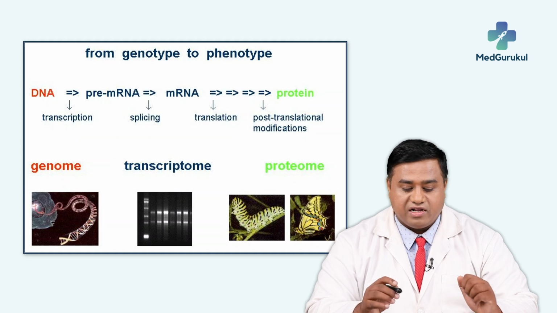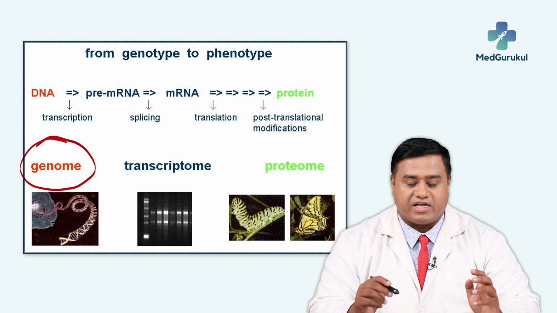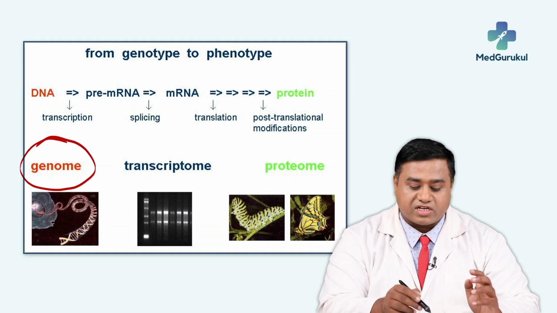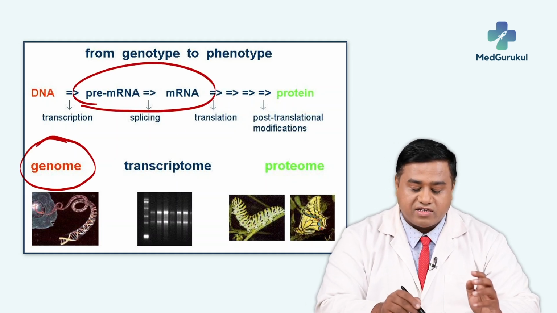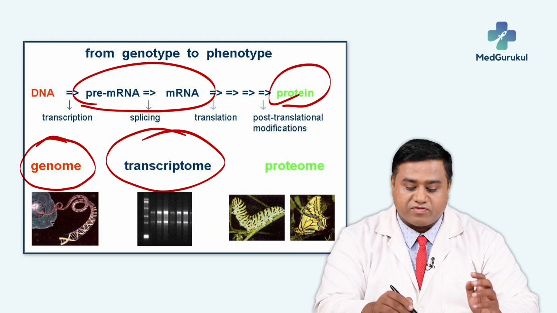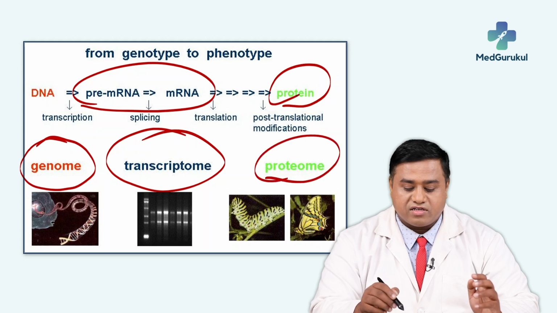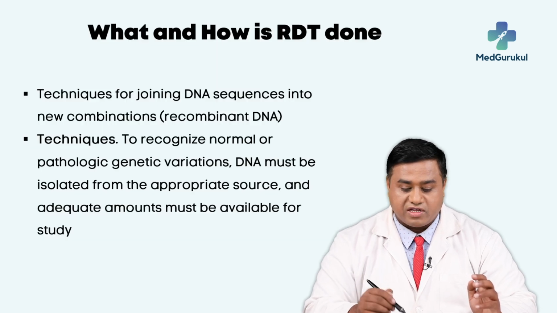In general, the information coming from DNA is stored as genomics. Information coming from mRNA is described as transcriptomics. Information studied in proteins is denoted as proteomics.